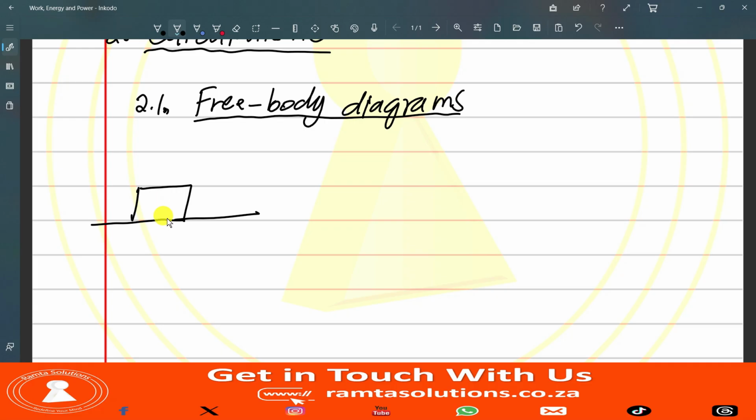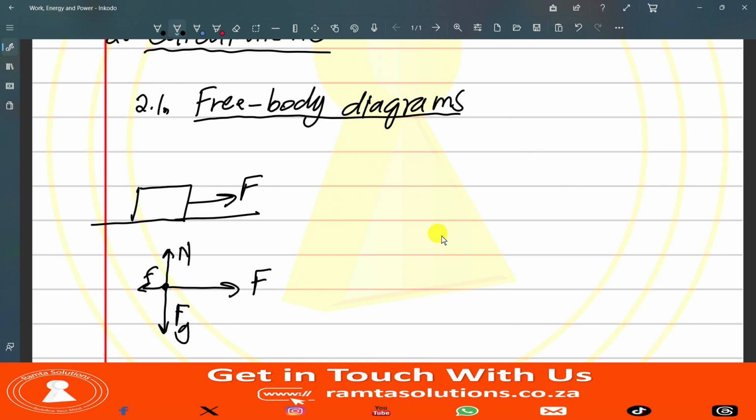If you draw a free body diagram, you will have the normal force, which is equal to the gravitational force. Then you have applied force and friction. This is the free body diagram for such motion.